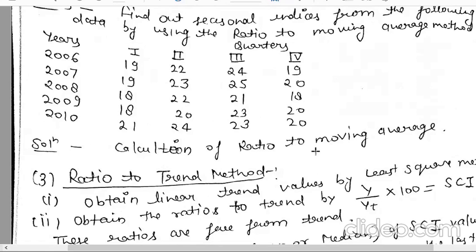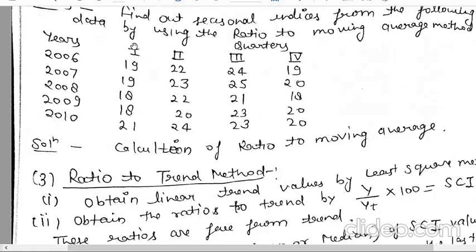Let me check one minute. So we can solve this question. I will provide you the solution in our next video because I have a solution, and I am just discussing it verbally here. For the first quarter, you will find your quarterly average.